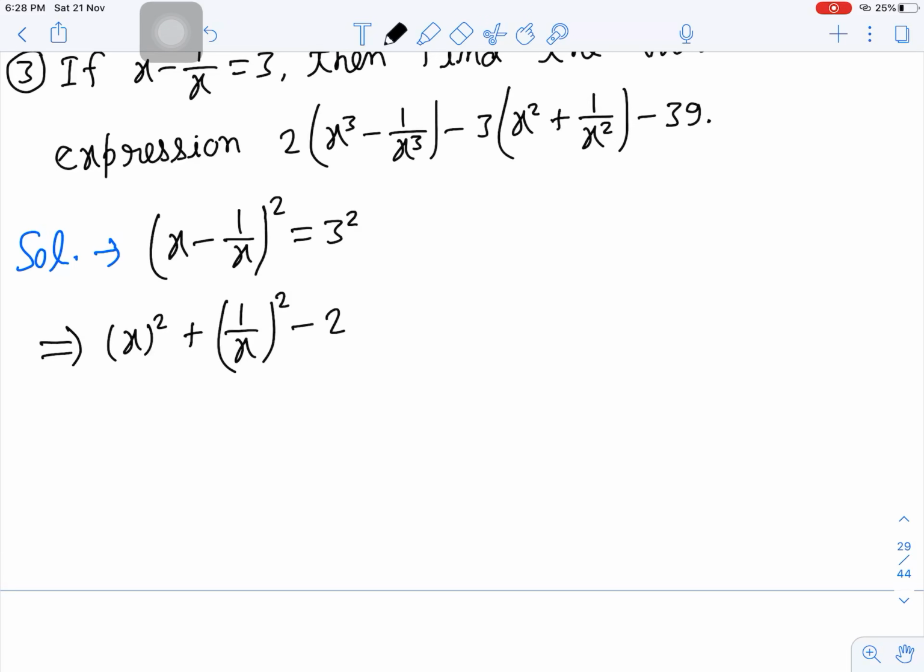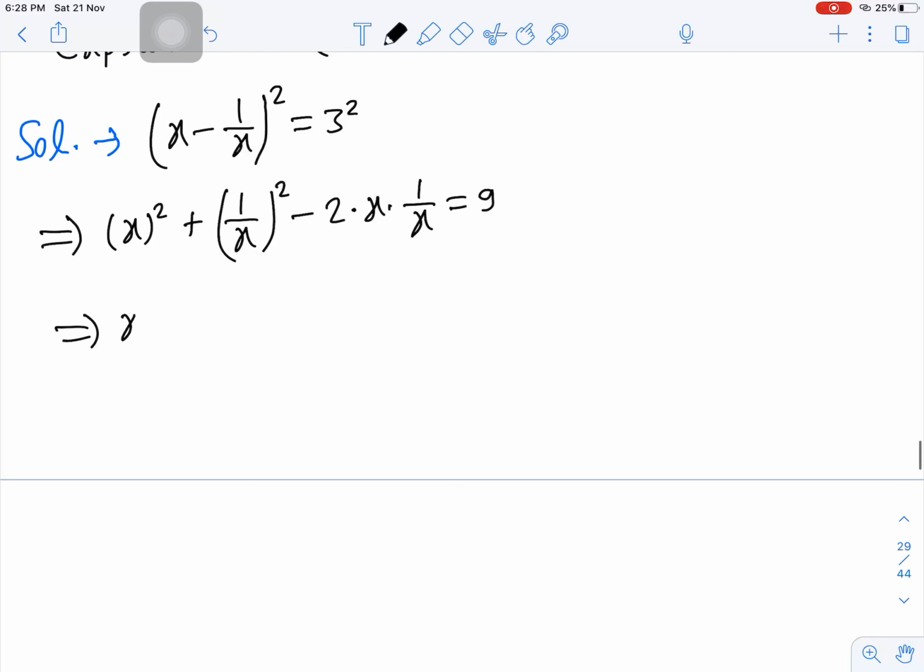Minus 2ab means 2 into x into 1 by x, and 3 square is 9. So you will get x square plus 1 by x square equal to 9 plus 2, because if you cancel x and x, this is minus 2, and if you transpose it, it will become plus 2. So you will get 11.